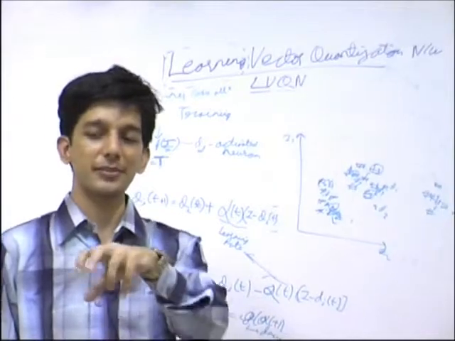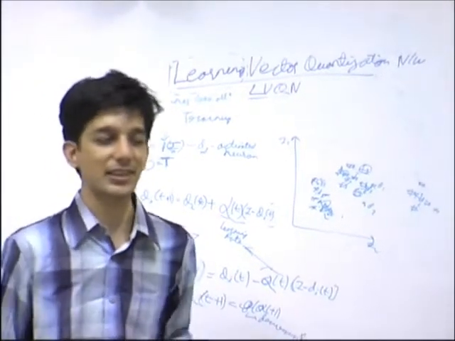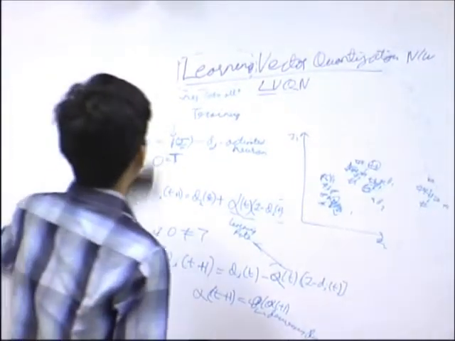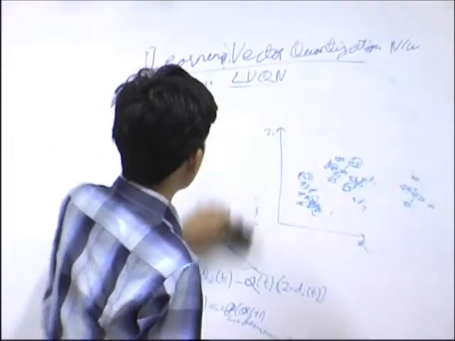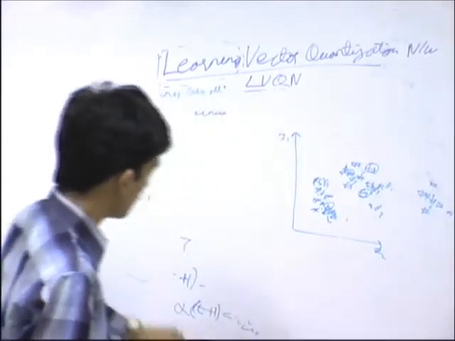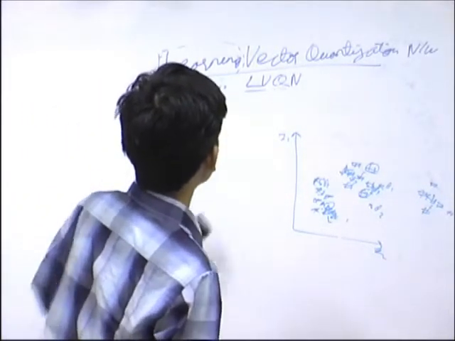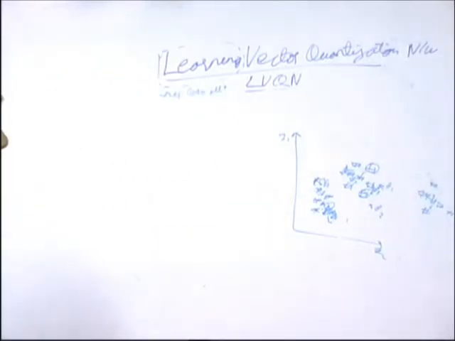Any neuron input tries to attract any neuron, and sometimes this can be massive in nature. The attraction can be massive in nature. So what we do here in this LVQ2, we go exactly along the same lines. However, we find two things.